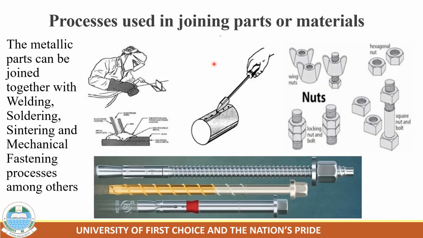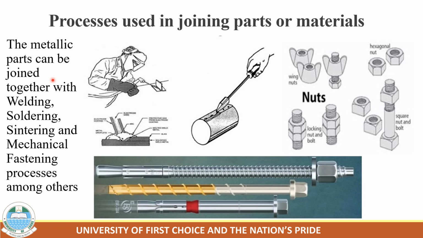Next one is the processes used in joining parts or materials together. The metallic parts can be joined together with welding, soldering, sintering, and mechanical fastening processes, among others.